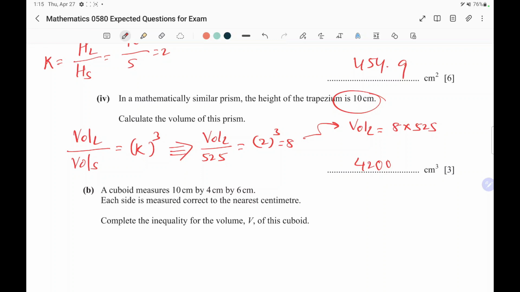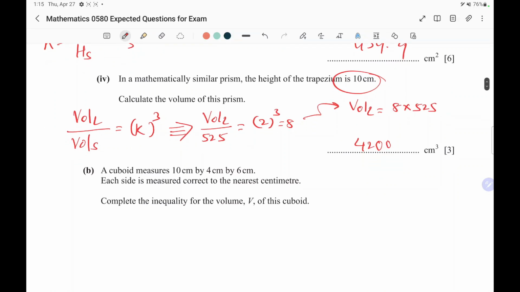Now B part, that says a cuboid measures 10 centimeter by 4 centimeter by 6 centimeter. Each side is measured correct to the nearest centimeter. Complete the inequality for the volume of this cuboid. No problem.